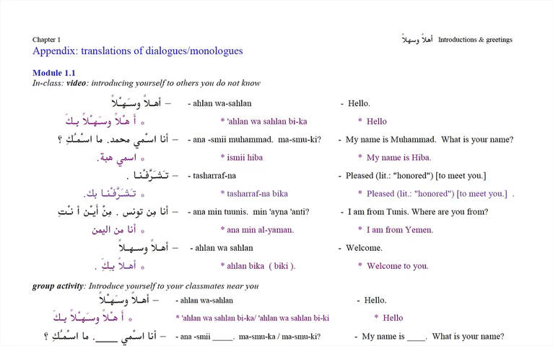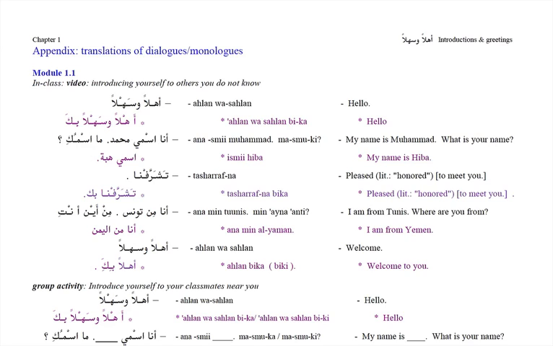Ana ismi hiba. Ana, I. Ismi, my name. Muhammad is Muhammad. Of course, there is no is in this sentence. Masmuki: ma, what; ism, name; ki, your. What is your name?